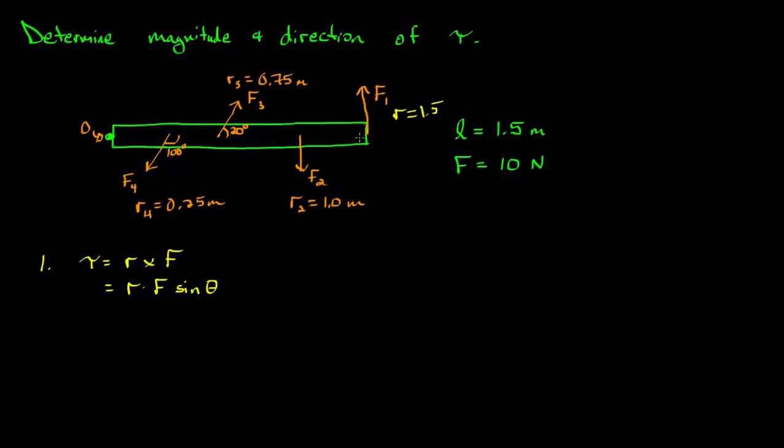Theta in this case is 90 degrees, and so this just becomes the radius times the force, or the distance times the force. I'll say radius, but know that it's the distance from the point that we're interested in. So it would be 1.5 times 10, which is 15 Newton meters. And then since it's rotating counterclockwise, this would be out of the page.